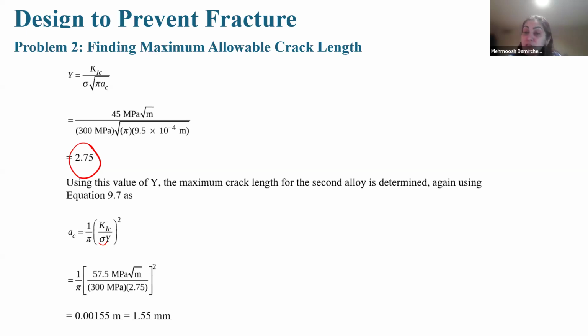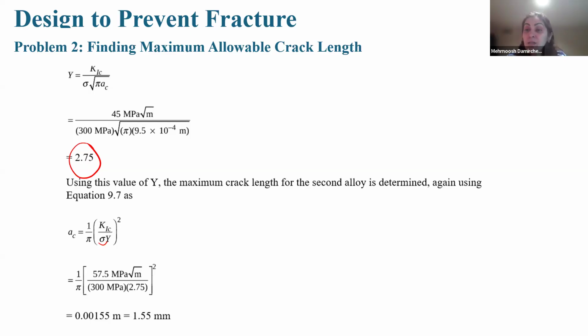This highlights the key strategies for designing to prevent fractures. First, engineers can ensure safety by limiting the applied stress. If you decrease the amount of applied stress, you can avoid reaching fracture.